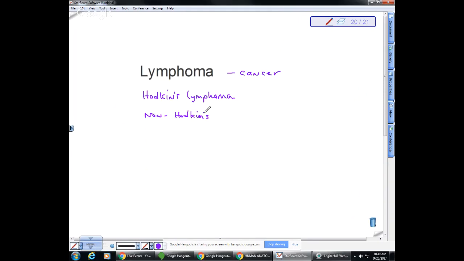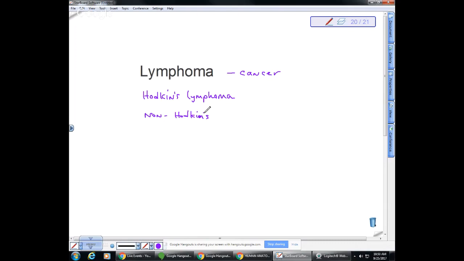Generally when you're sick, your lymph nodes feel tender. That's why doctors always want to feel your neck to see if you have swollen lymph nodes. But if you have a big swollen lymph node and it's not painful, then that is very serious and you need to get it checked out, right?